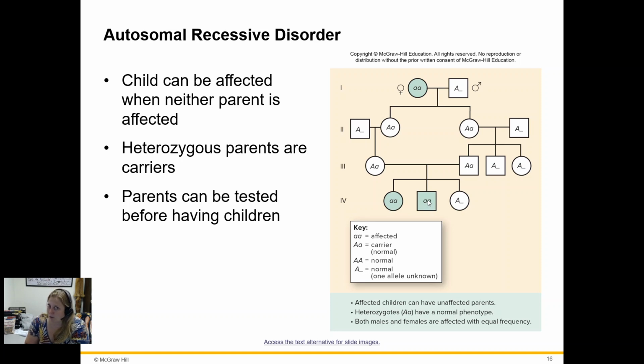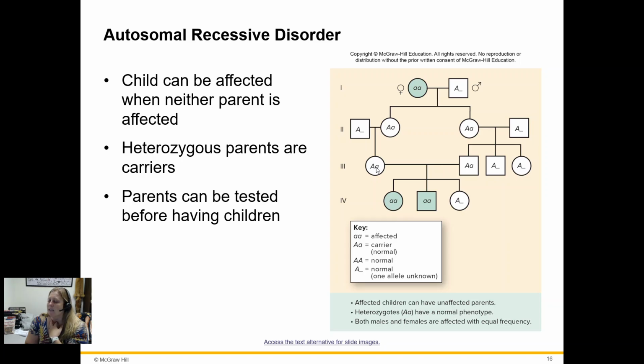What you might have noticed is that individual 3-1 and 3-2 are cousins. I know, but this is not as abnormal as you think, and it's happened a lot throughout history. So, like, even Charles Darwin married his cousins. Like, don't panic, okay? But we do know then that these 2 individuals are heterozygous because their children inherited recessive alleles.